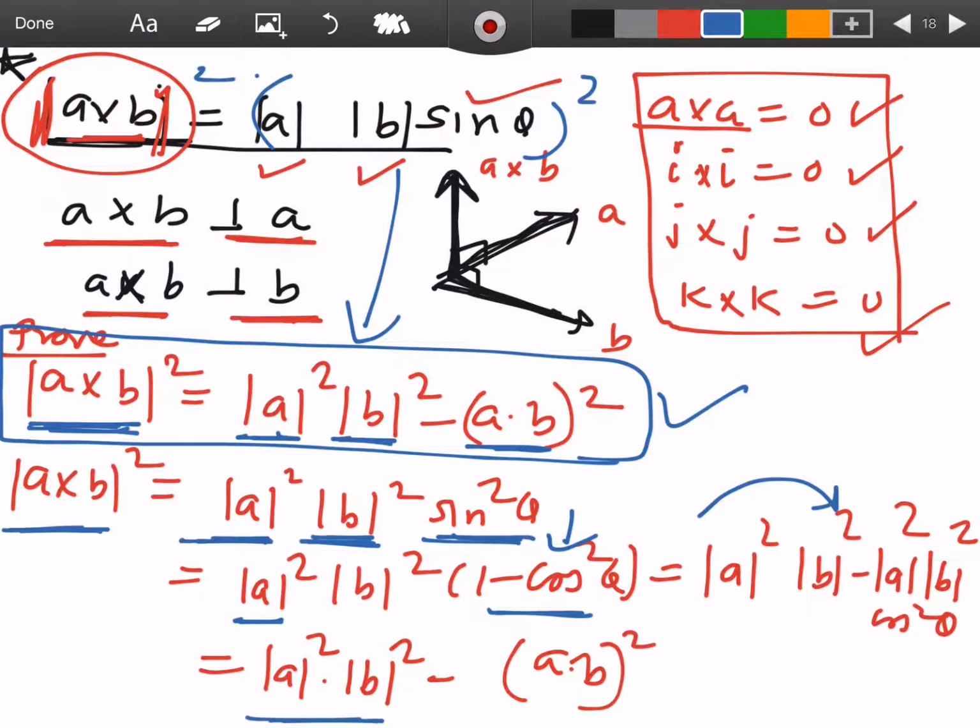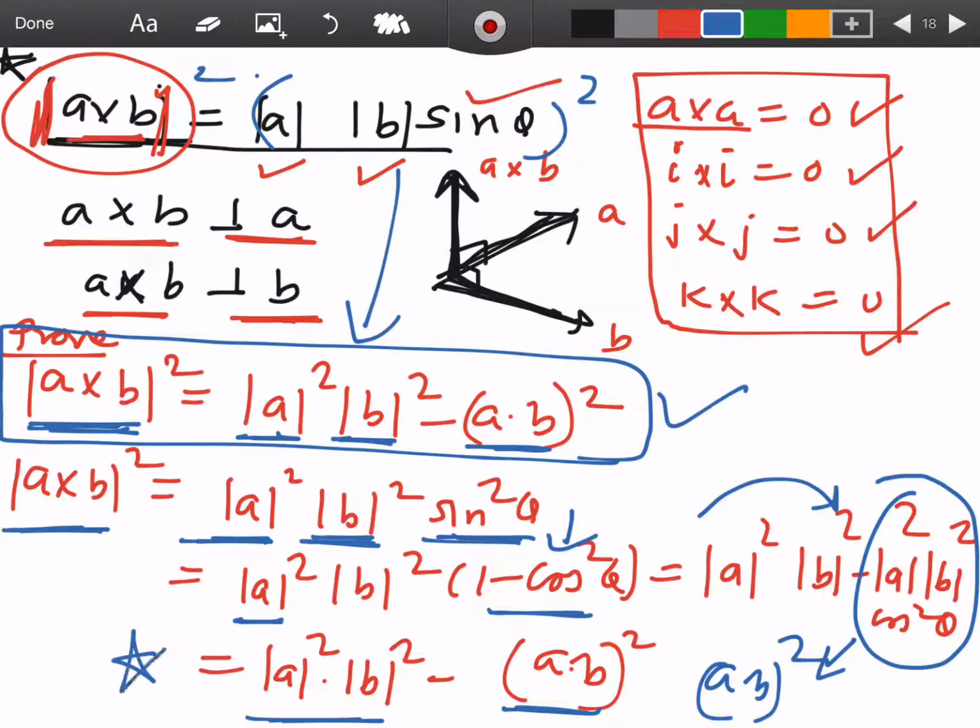The first term I maintain as it is, and this other term is nothing but A dot B the whole squared, because that's magnitude of A, magnitude of B, cos theta, the whole squared. So that's it. I hope you understood this concept. In case you haven't, you may try this on your own or watch the video again.